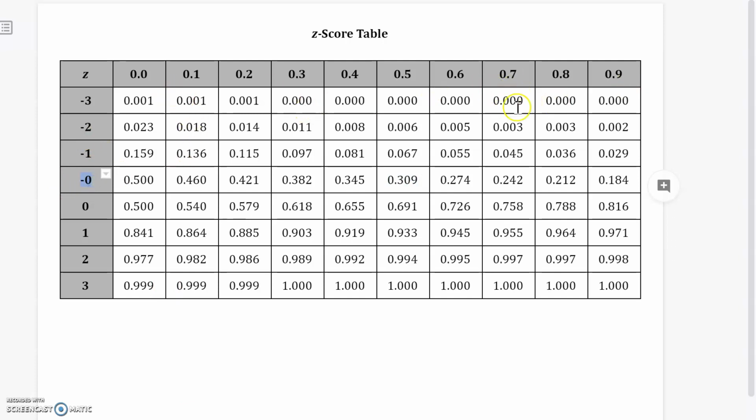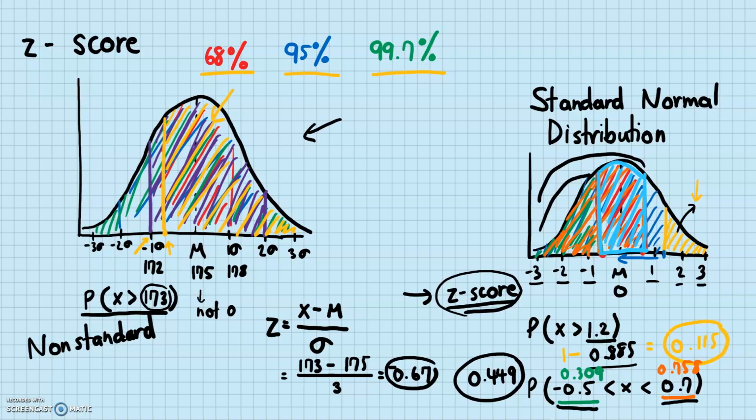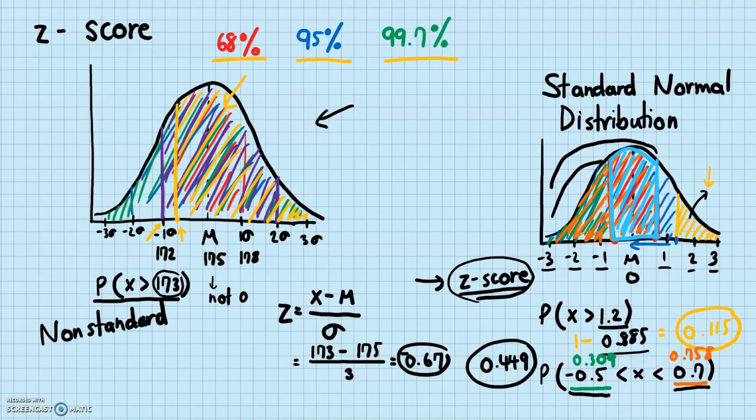We only have one decimal point, so let's go with negative 0.7. So it's right there. 0.242. So the area you get is 0.242, and we've actually used negative 0.7 for that, because there's only one decimal point on the table.